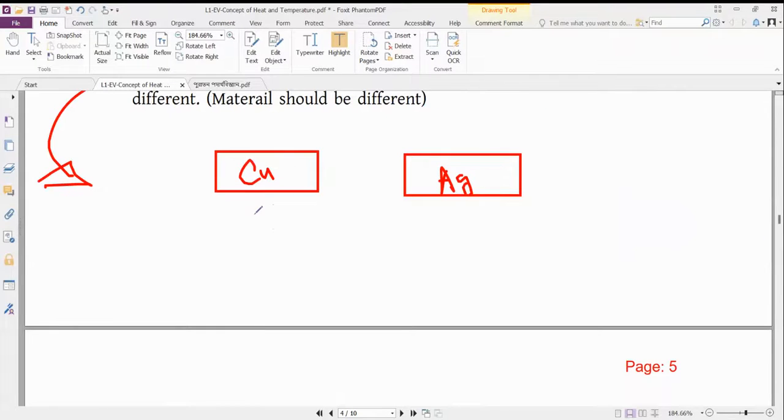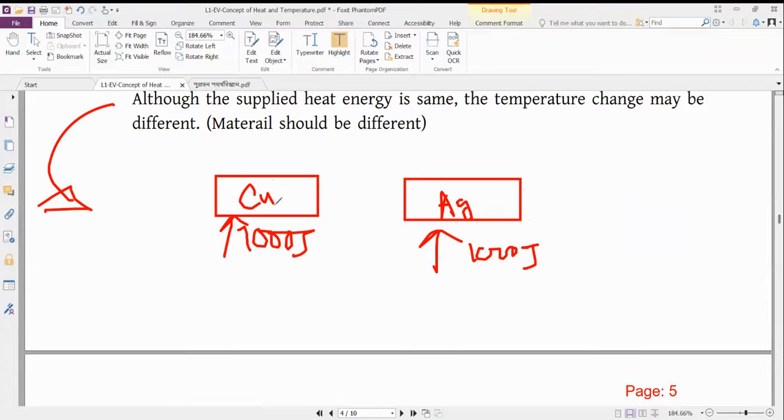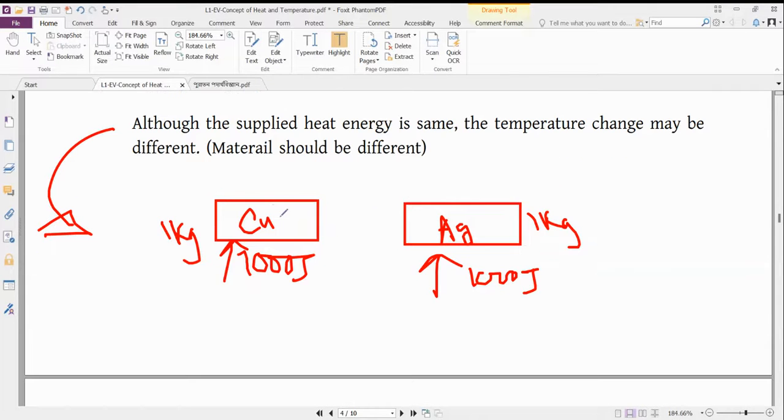Okay, the condition is that we are supplying the same energy to these bodies. Let us say 1000 joule to this body, and also 1000 joule to this body. And the mass of both of these bodies is 1 kg. And the question is, what is the temperature change of copper and what is the temperature change of silver?